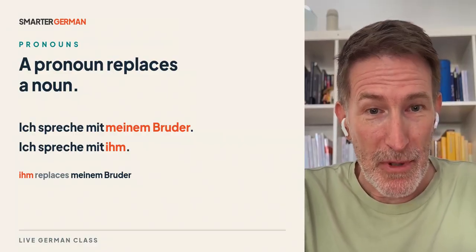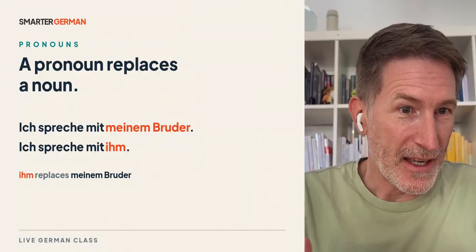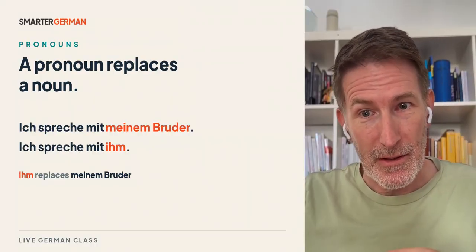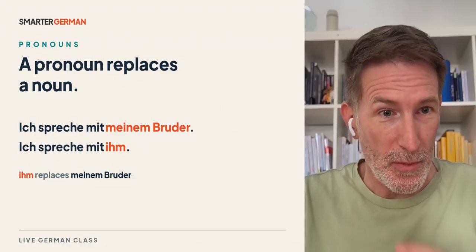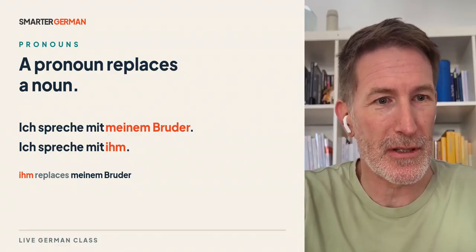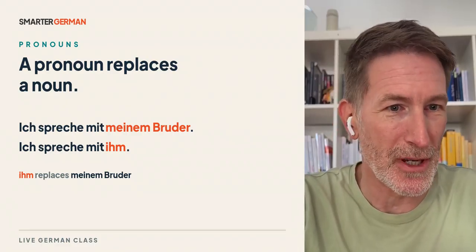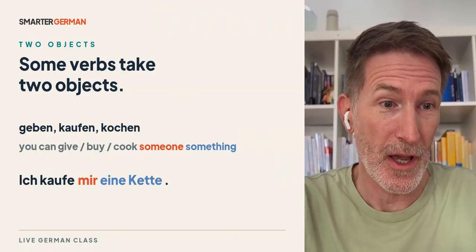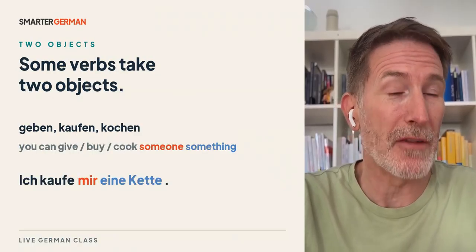Now, there's a couple of verbs like geben that allow you to add several objects, two objects. Not every verb can do this, but they are often similar in nature to English ones. One is, for example, geben, could also be kochen or kaufen. You can buy yourself something.